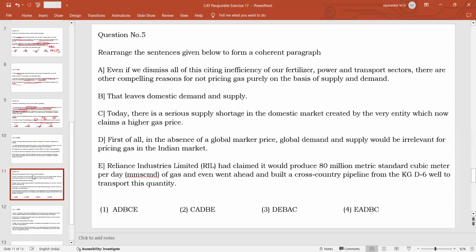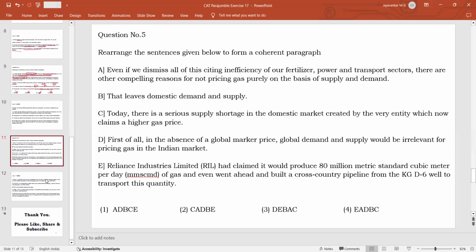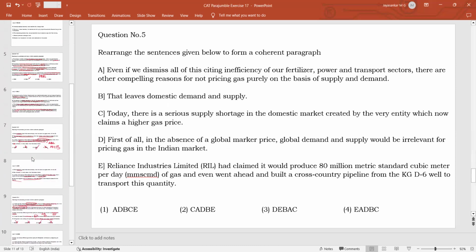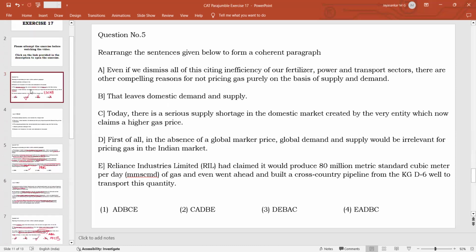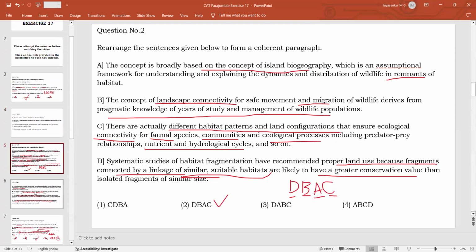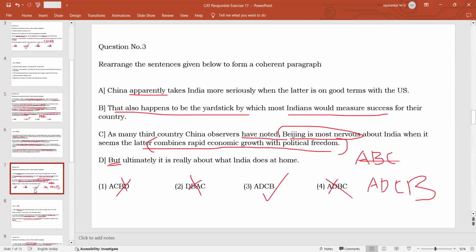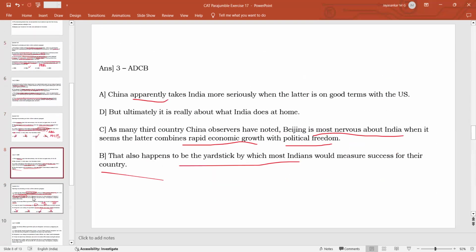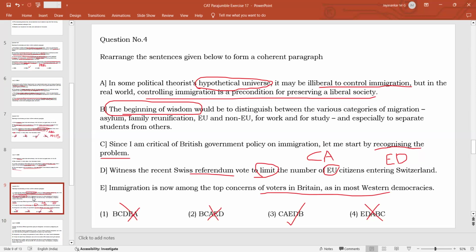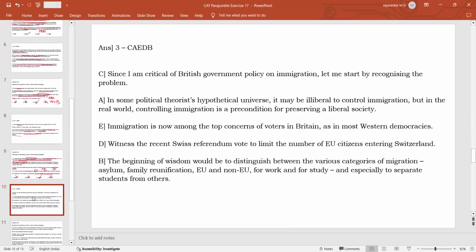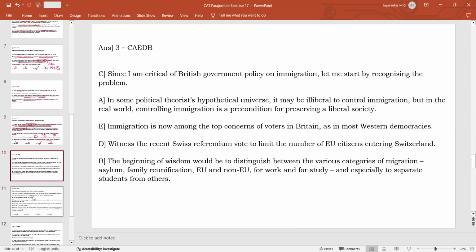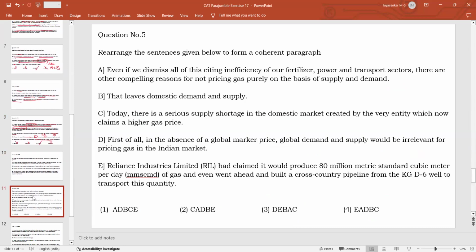Now go to question number 5. What is this question talking about?